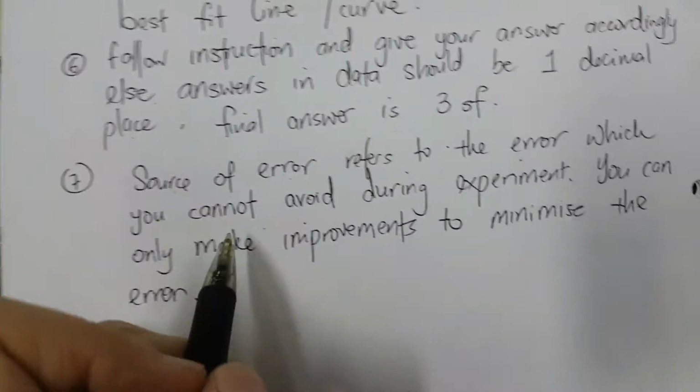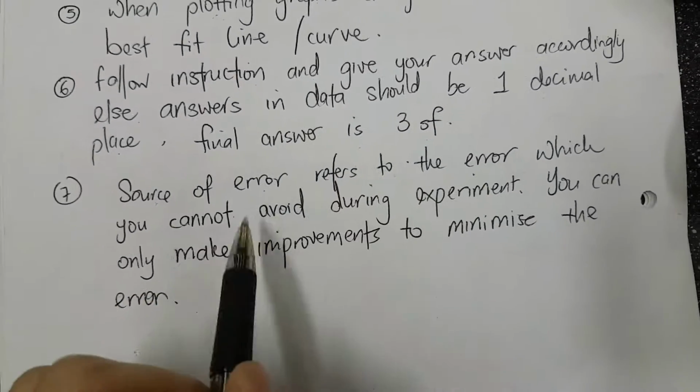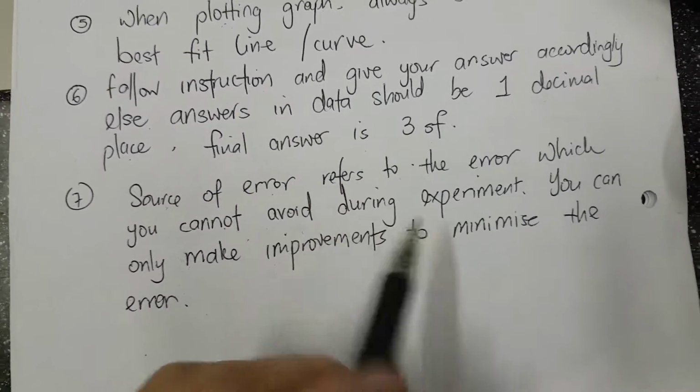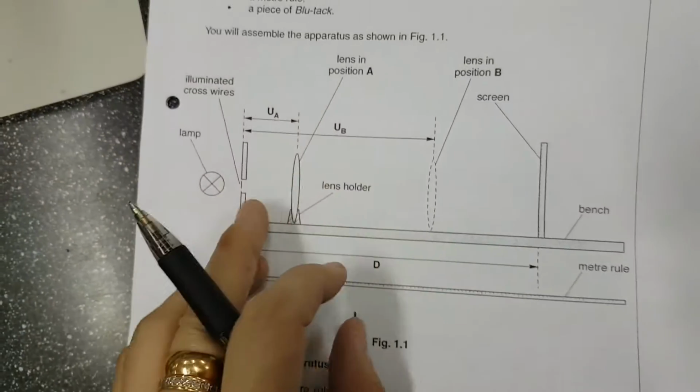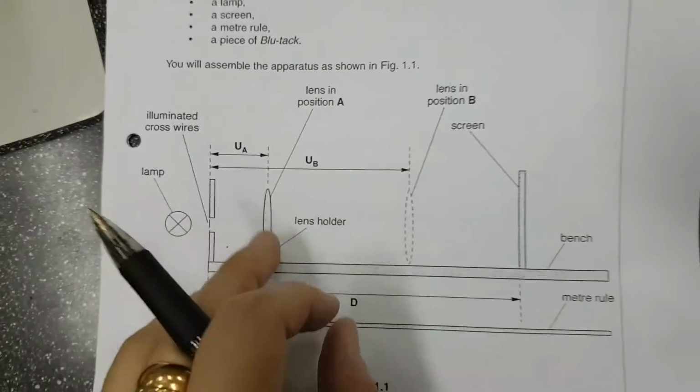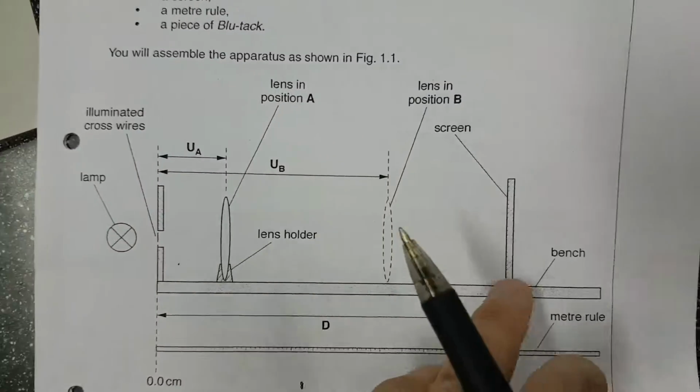It's a 1-mark question. Now for source of error, what I can tell you is that the source of error refers to the error which you cannot avoid during the experiment. Something that, when you set up this experiment, will cause inaccuracy to the experiment.